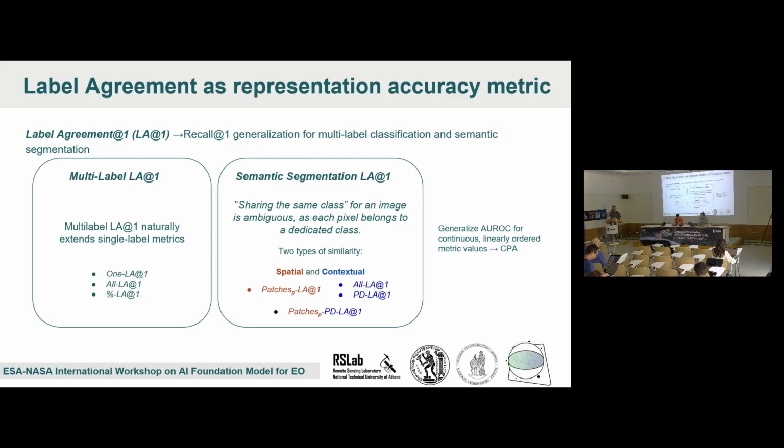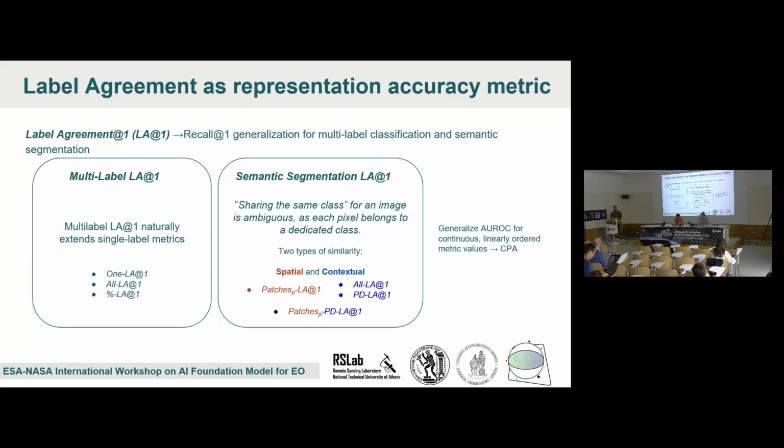The problem is that each area may have a dedicated class, and you only have one representation. So we define various metrics that try to cover two distinct types of similarity, spatial and contextual. The spatial similarity would basically tell you that if in the same area you have the same class, then your two samples are really similar. But that would mean that if you have a lake in the top left corner and a lake in the bottom right corner, these are not similar.